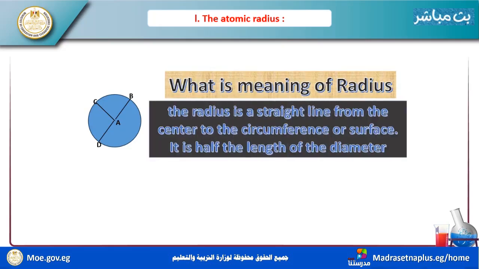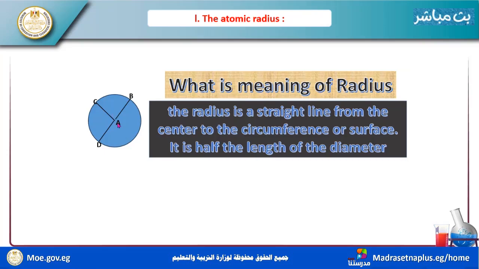I call the radius the straight line from the center to the circumference of the surface. This is the circumference of this circle, and this is a half of the distance. If this is a diameter, you know from mathematics.